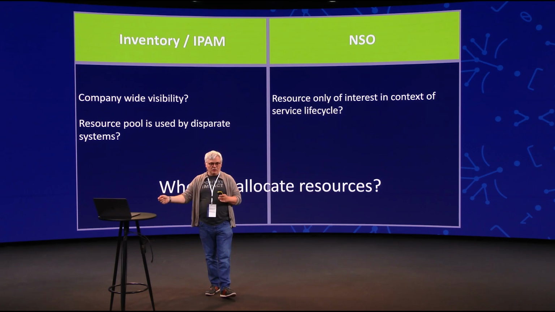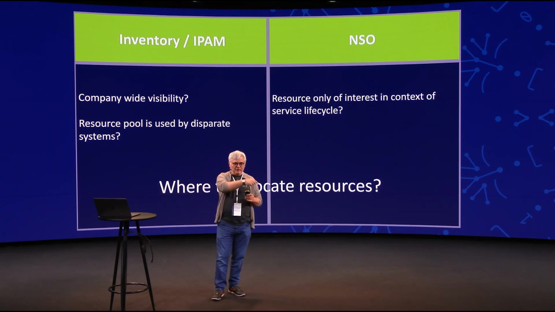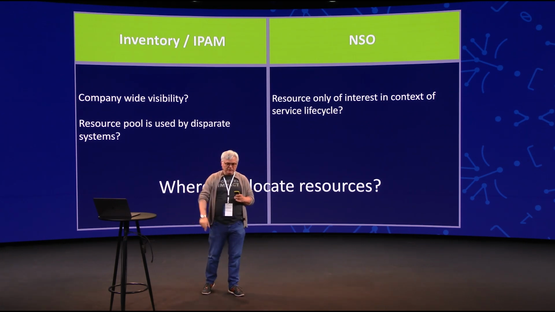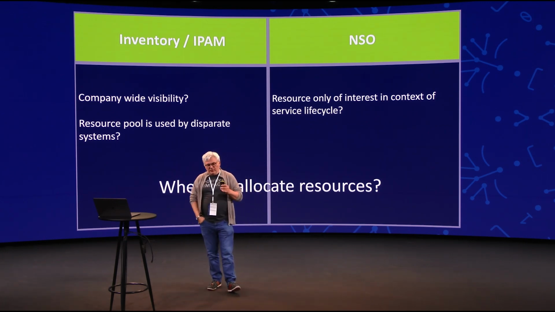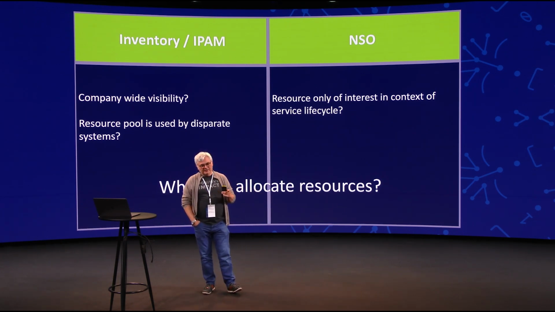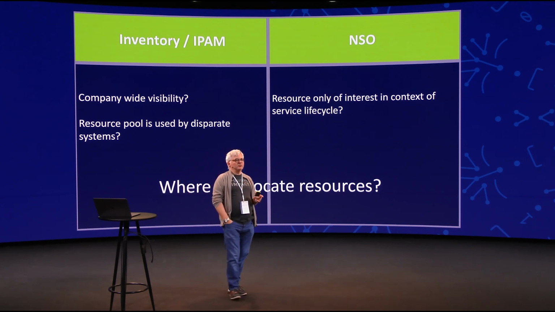Is it NSO with an east-west type of relationship, or is it the workflow that requests the resource and then passes it to NSO? So I think the important question here is really where I store. And where I store is to do with visibility and with how many systems require that resource.